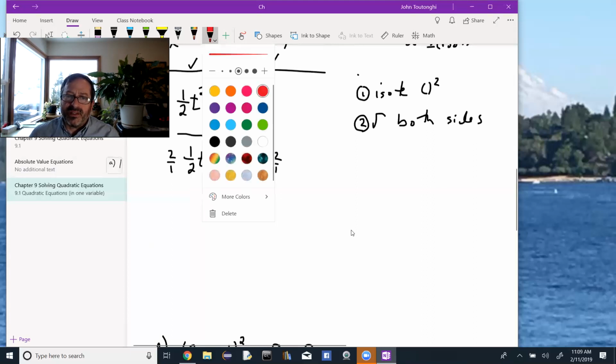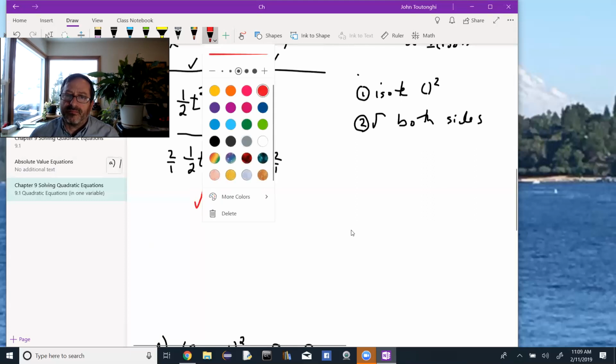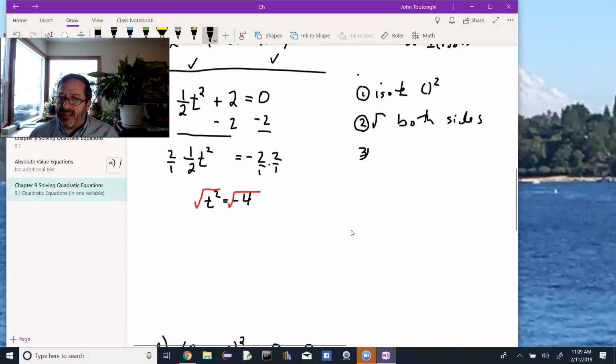When I square root both sides, I'm going to get an absolute value equation. So I just write this step down so that I remember that I'm getting this. And this is new for most of us, absolute value equation here. So what are we going to get here?